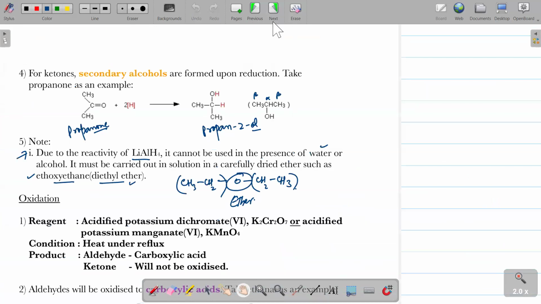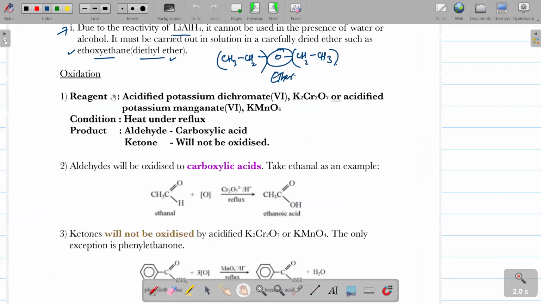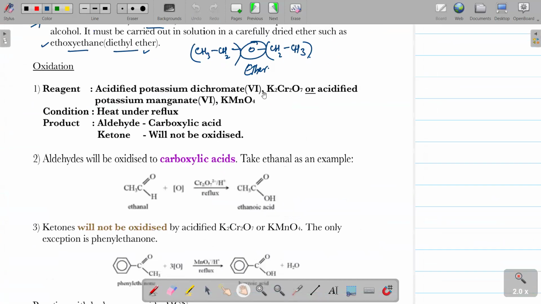So look at this reaction. Oxidation using oxidizing agents, the famous ones: acidified potassium dichromate or acidified potassium manganate(VII), KMnO4. When we heat them under reflux, they will give us carboxylic acid.